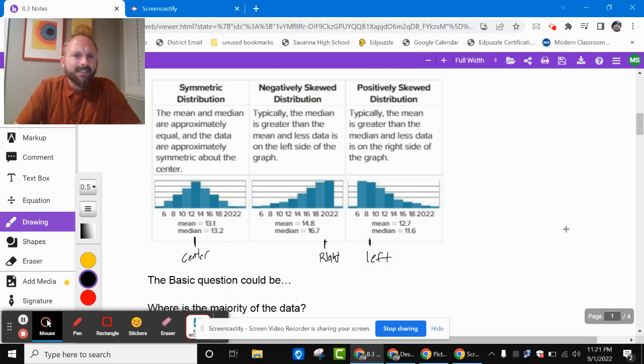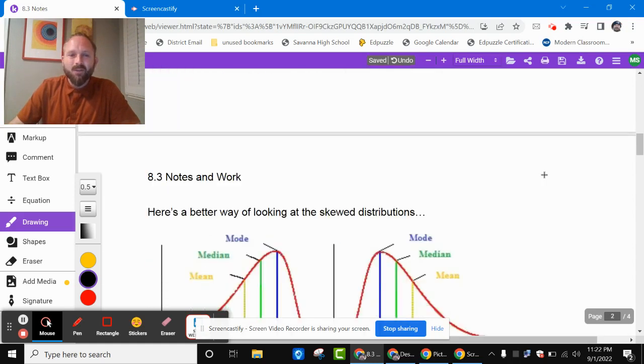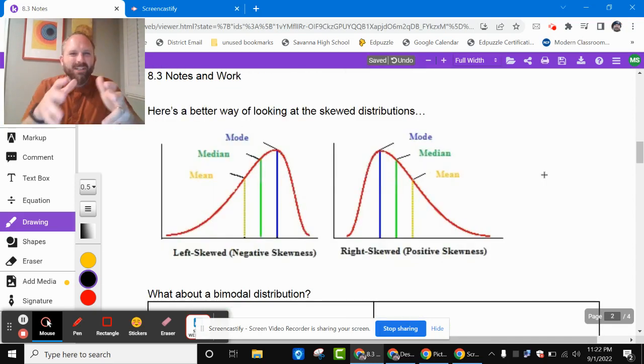Now you can see that each one of these has tails, like trailing data. The center is left and right. Negative has a tail going to the left. Positive has a tail going to the right. Let's go on. So here's a better way of looking at it right here. See, we have this left skewed, and it's negative skewness. That means, hey, less data is on the left.